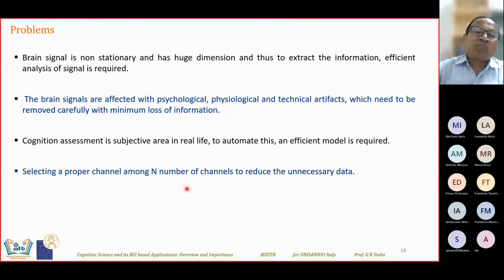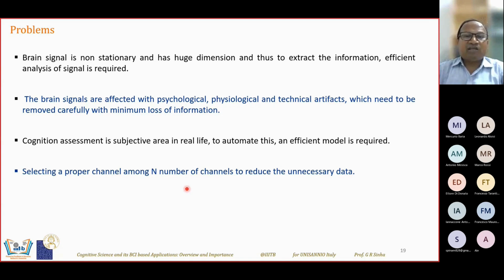Which channels, how many channels are optimal among the total number of channels? Otherwise, unnecessary data is being processed by you. It increases your computational complexity, more memory storage is required, and more time is taken to understand the data. So these are the challenges where a lot of research is going on.